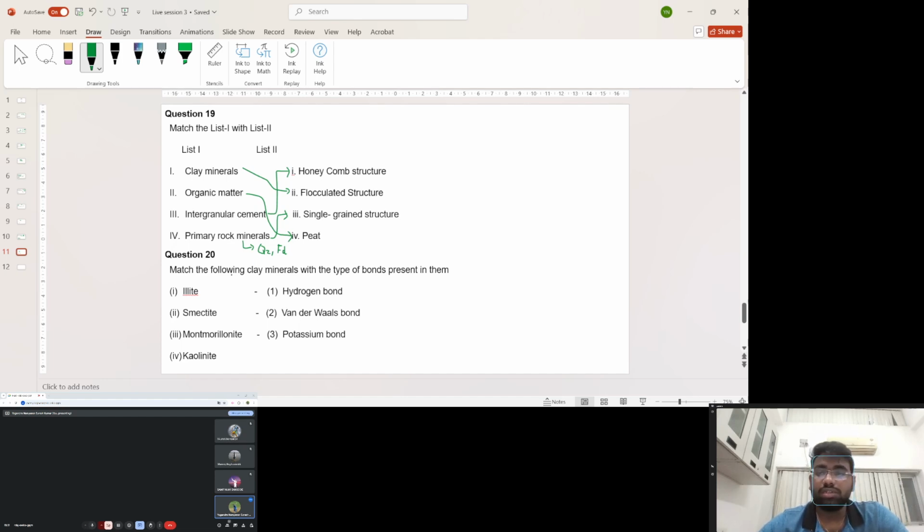Now coming to the next question. Match the following clay minerals with the type of bonds present in them. Illite, smectite, montmorillonite, kaolinite.